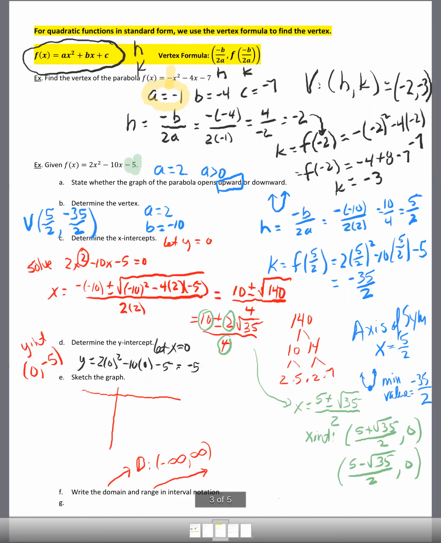-35/2 is about -17. So right about down here, -35/2 over 2.5 would be right about there. There's the vertex. And then as you go through, we can go through the graph.